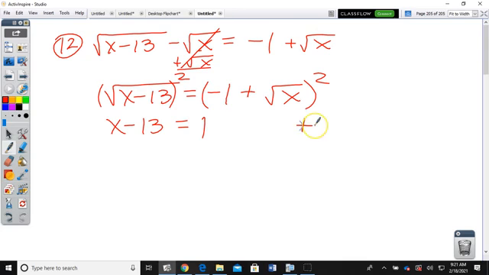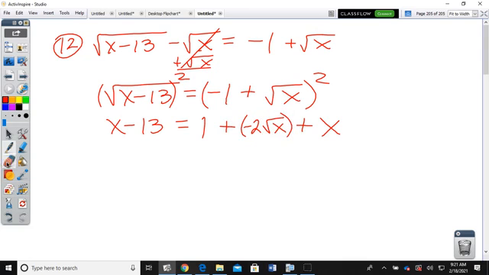We're going to square the square root of x. What's the square root of x squared? x. And then what do we do to get the middle term? Multiply them together and multiply that by what? 2. So -1 square root of x times 2 would be -2 square root of x. Okay?